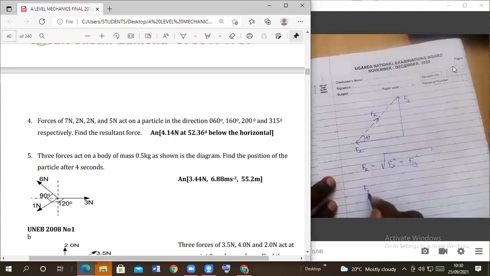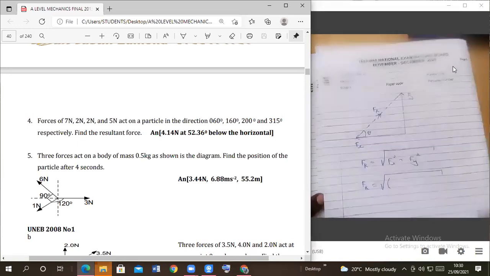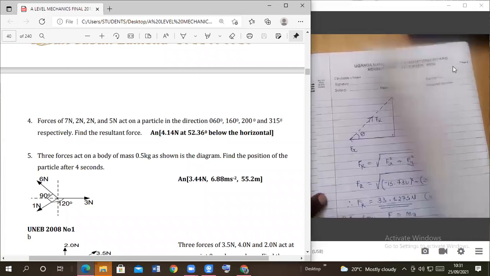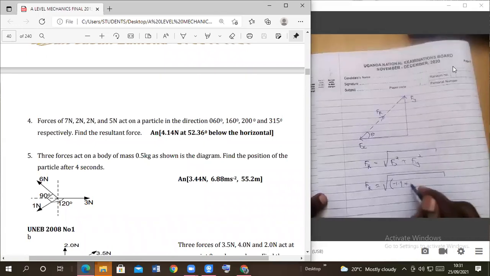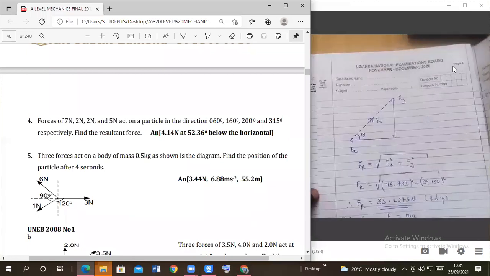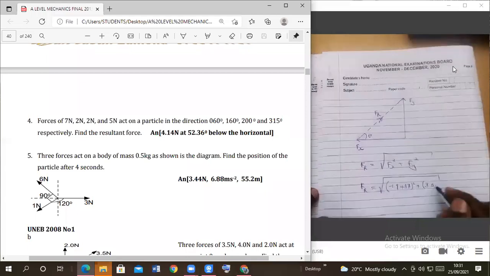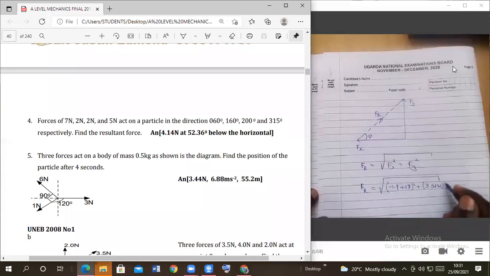So our Fr will be equal to the square root of Fx, negative 1.9497 squared, plus Fy, which is 3.5355 squared.